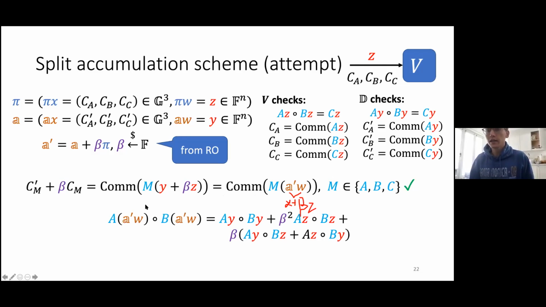And then there's this other property, which the verifier and the decider check, namely that A times our accumulation witness circ B times our accumulation witness is supposed to be equal to C times our accumulation witness. So let's expand on what A times our accumulation witness is.